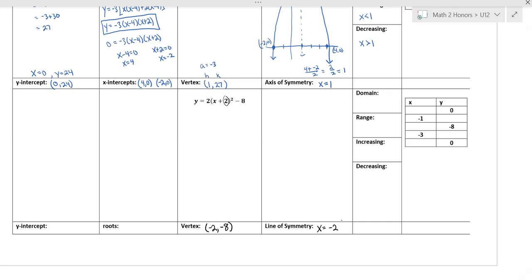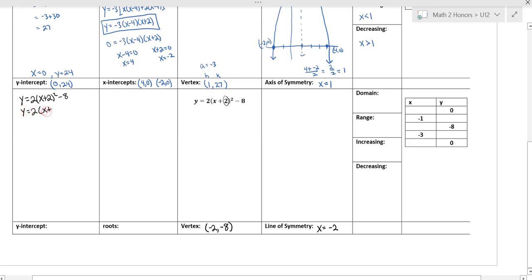I'm going to find standard form now by multiplying out vertex form. So vertex form is y is 2 times x plus 2 squared minus 8. X plus 2 squared means x plus 2 times x plus 2. I'm going to multiply, I'll distribute the 2 to the first x plus 2.